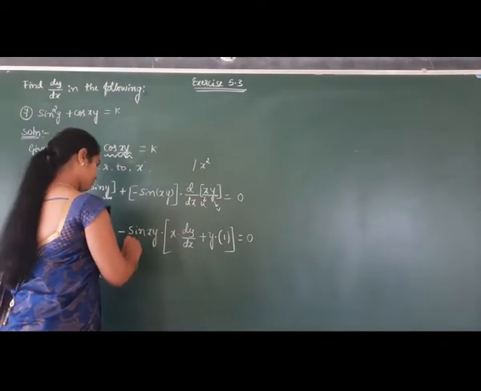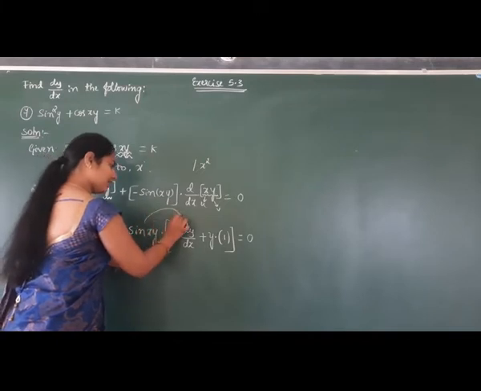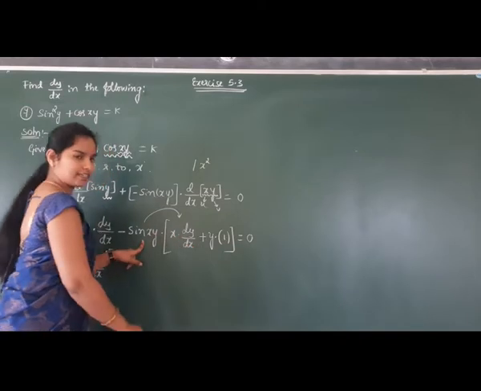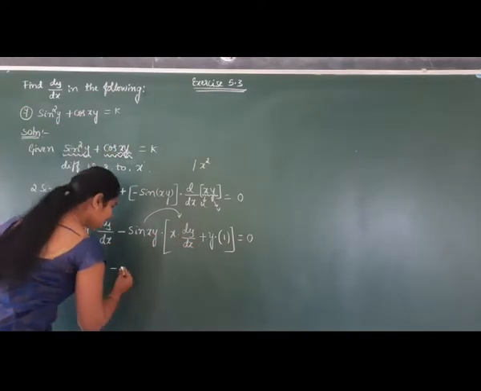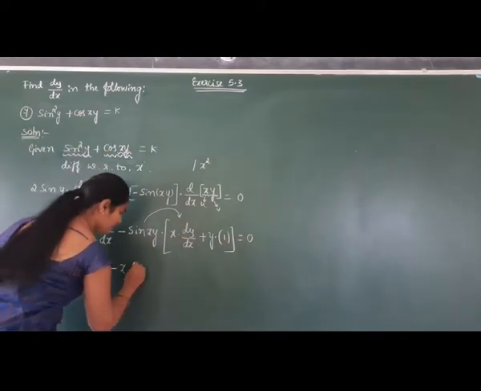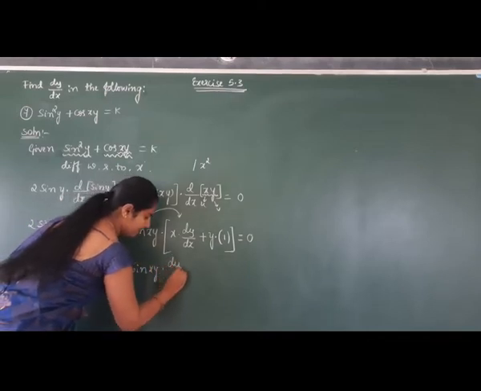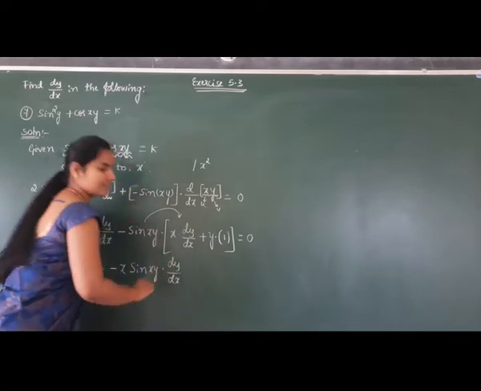So make a multiplication here. Sin xy into x into dy by dx is minus x into sin xy into dy by dx.